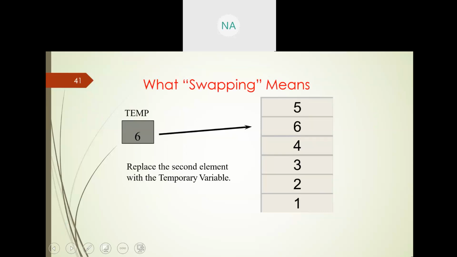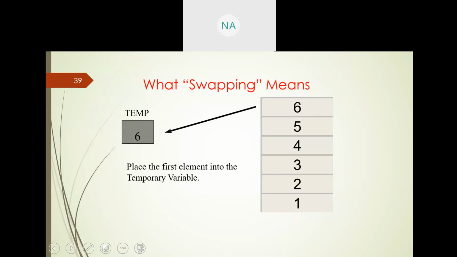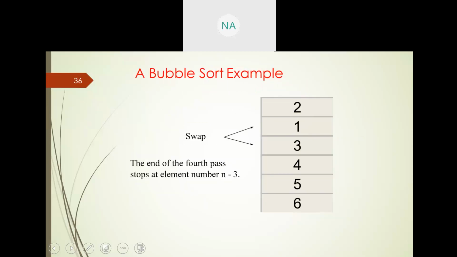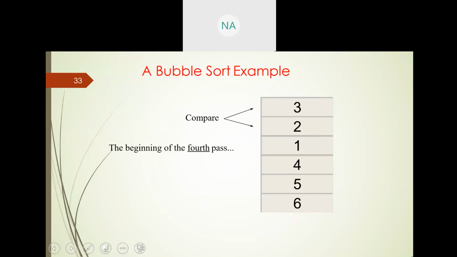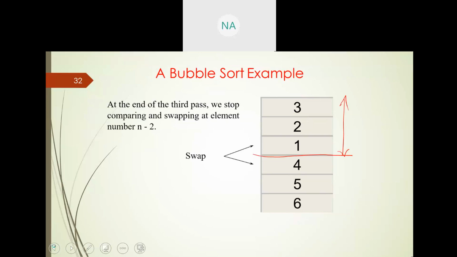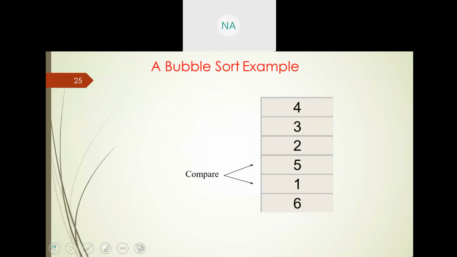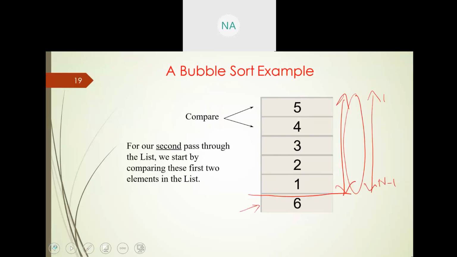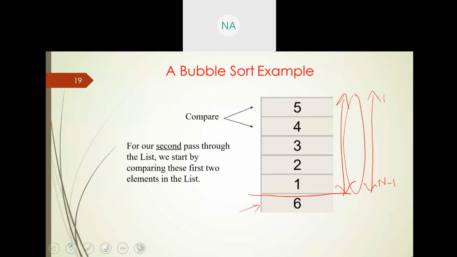Now you see in a pass how many comparisons are required. For example, in the second pass, this is the end of the first pass, and this is the beginning of the second pass.